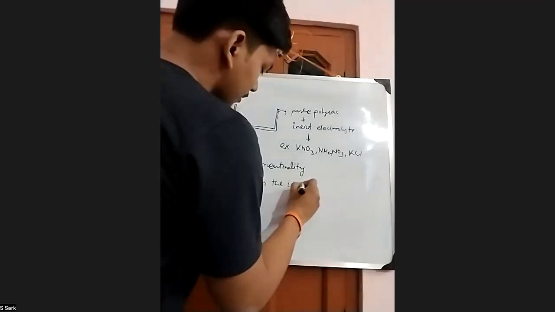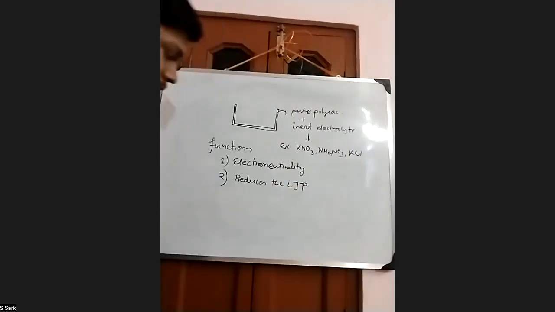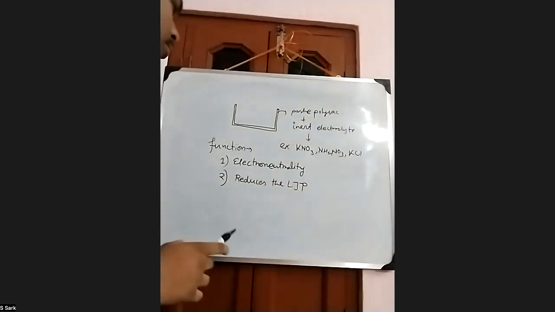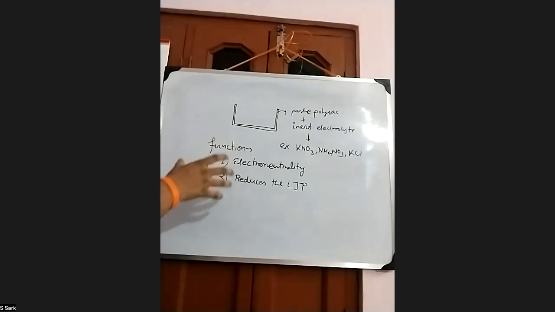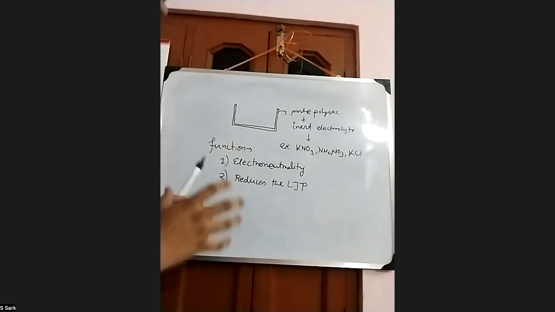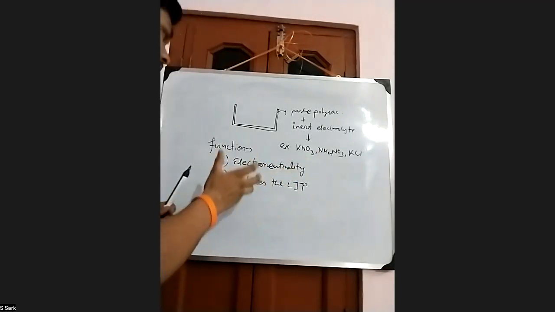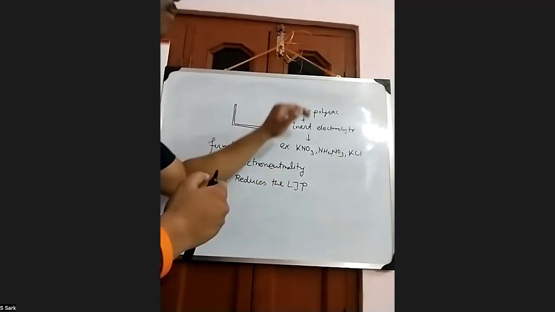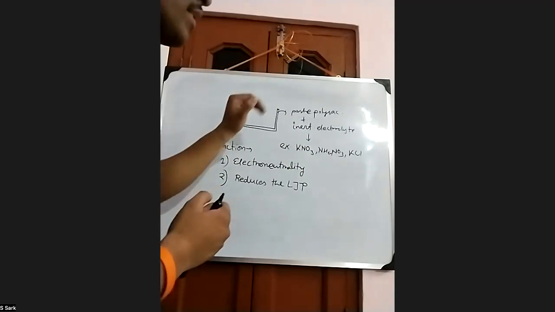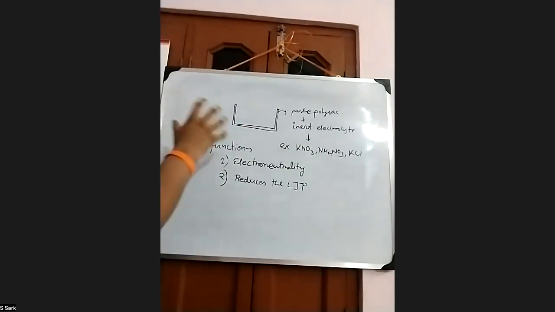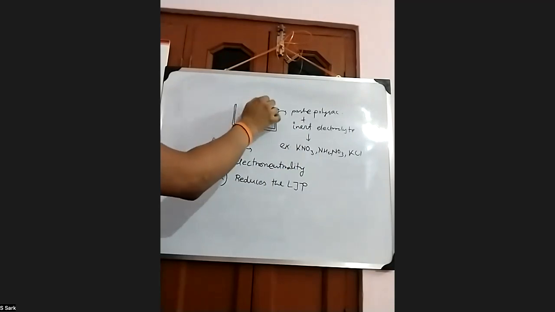Liquid junction potential is the difference in potential which is created in an electrochemical cell when two electrodes are connected through wire, and the current electricity has started.